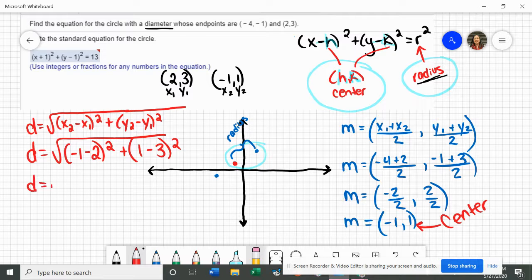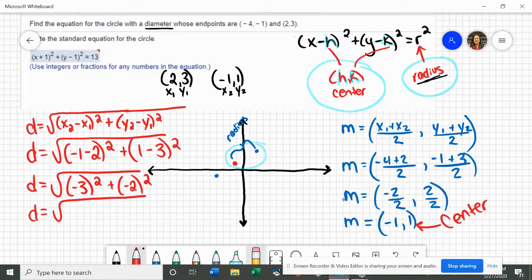My distance is going to be equal to the square root of -1 minus 2, which is -3, all squared, plus 1 minus 3, which is -2, all squared, which leaves me with the square root of 9 plus 4. 9 plus 4 is 13.